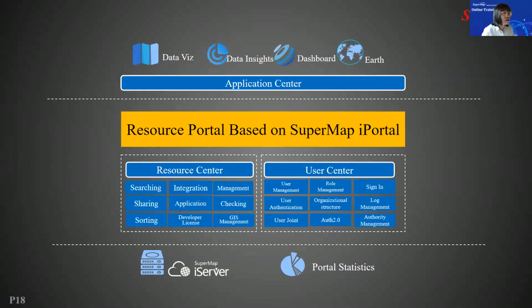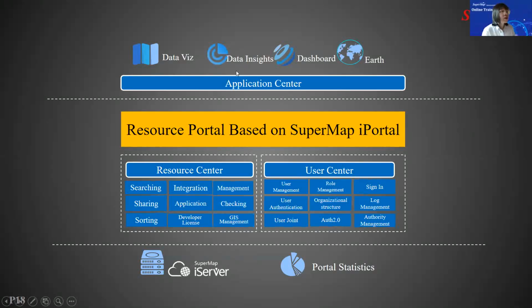So for resource management, we can share diverse data with others and integrate data in one portal. And we can also achieve user management and role management, user authentication, and authority management in the user center.